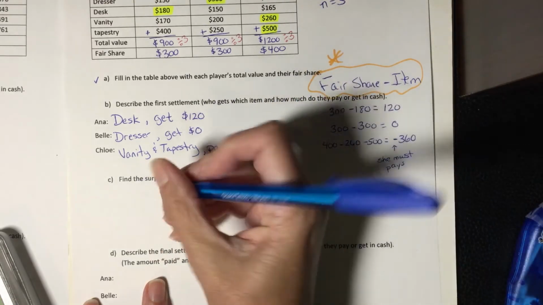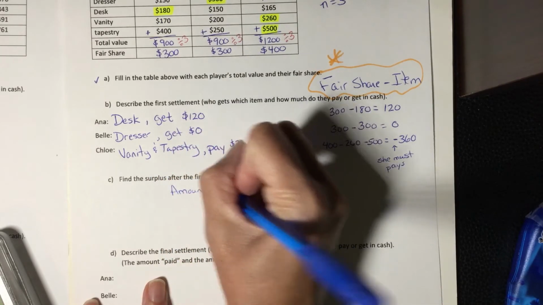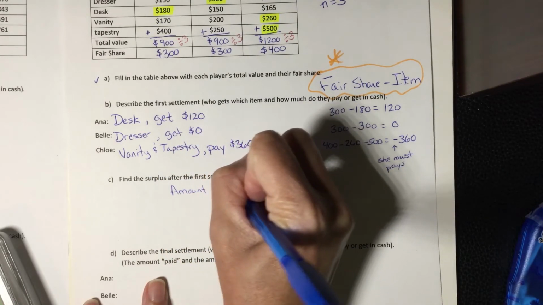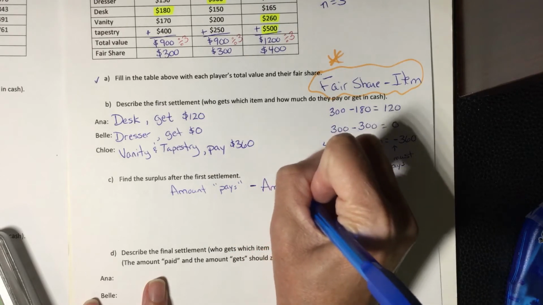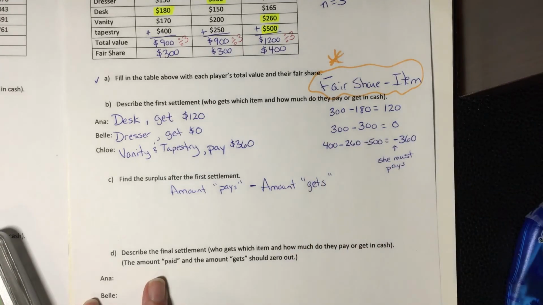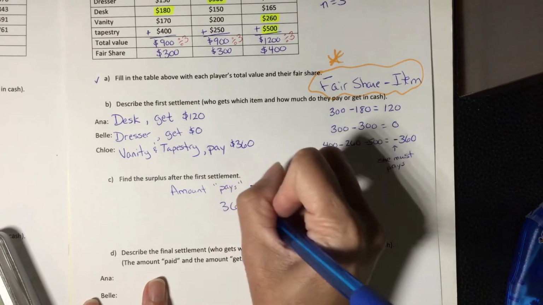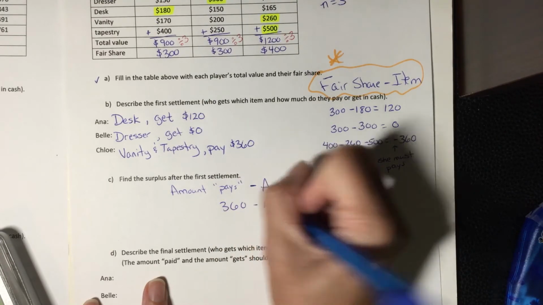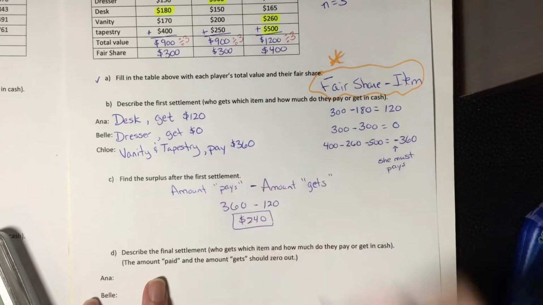The surplus is always going to be the amount of the pays, whoever pays, minus the amount of the gets. Again, I like to think of it as the big pot of money in the middle of the room. Chloe put in $360. Anna took out $120. That gives us a surplus of $240.